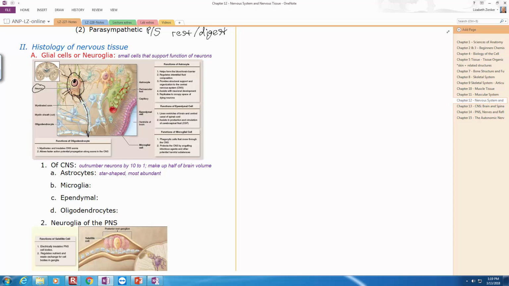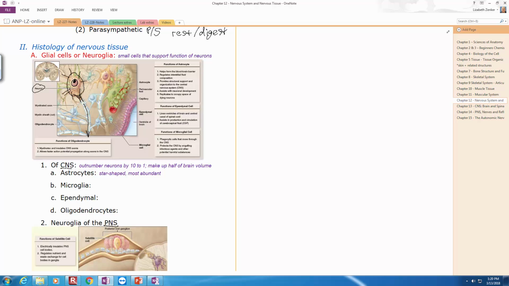Glial cells, these support cells, make up 50% of the brain volume, and the neurons make up the other half. Of the glial cells, there are 4 in the CNS and 2 in the PNS that we're going to talk about. In the CNS, they outnumber neurons by 10 to 1.